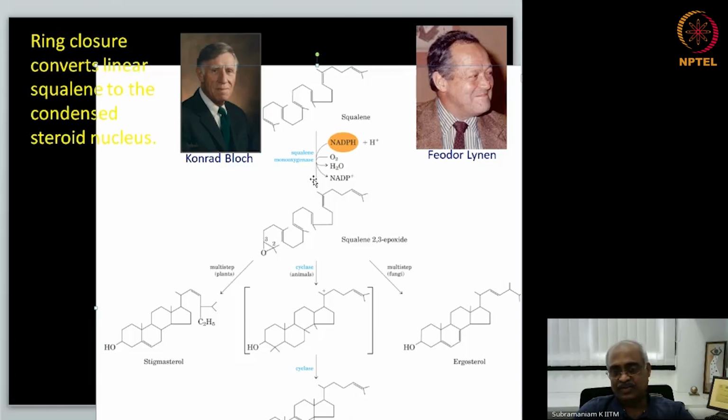Okay, all you need is an epoxide formation. Okay, an oxygen from oxygen molecule. So the other oxygen takes up electrons from NADPH and becomes H2O. And the other oxygen is added to this double bond, like peroxidation reaction, forming squalene epoxide.